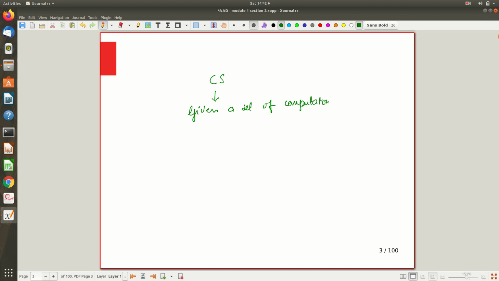A computational problem, or you can think of a single problem or a set of problems. So the question is: is this problem solvable or not? Sometimes you can see that the problem is solvable and sometimes it will be unsolvable.